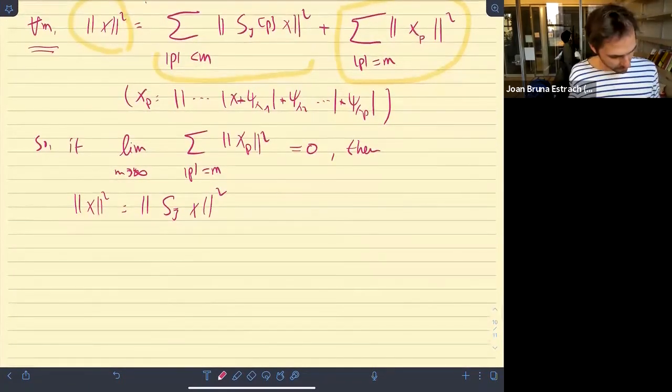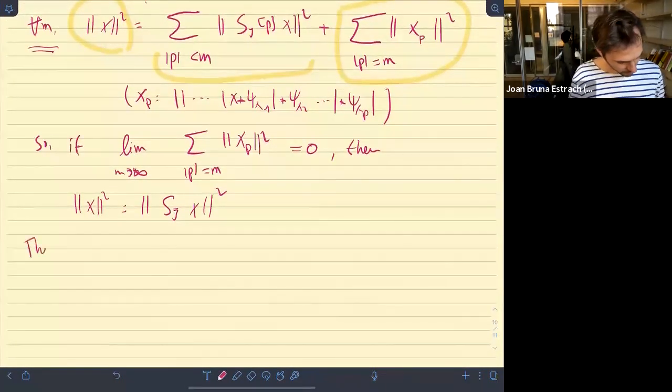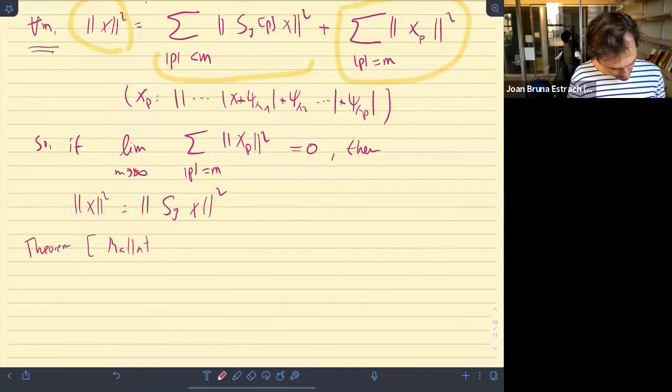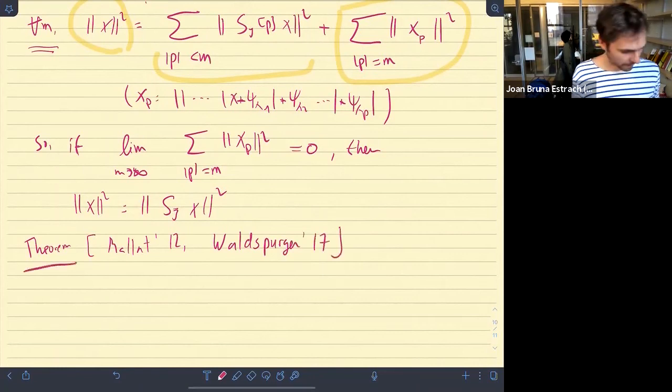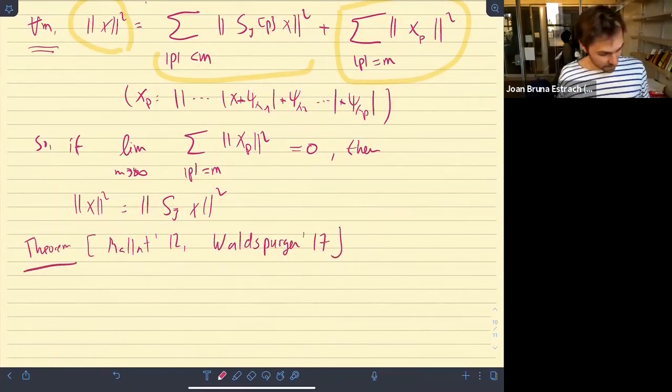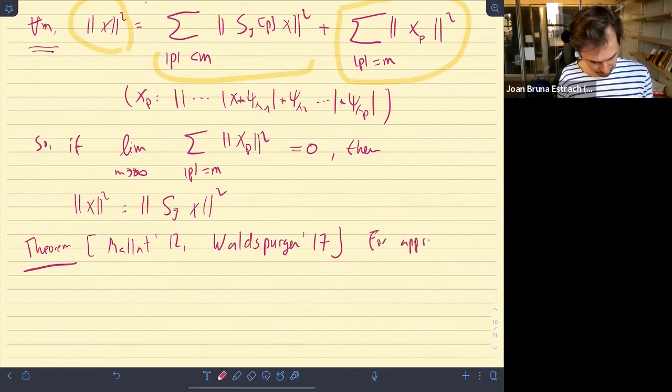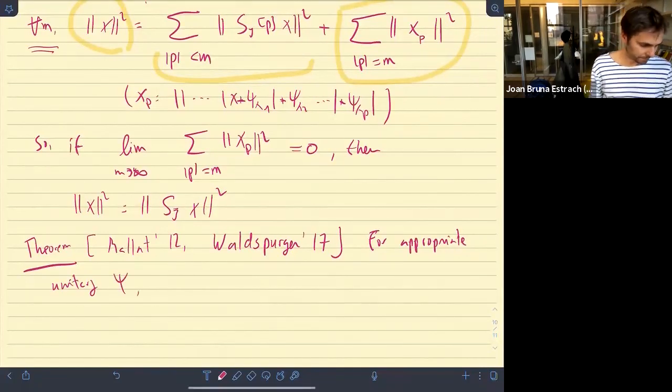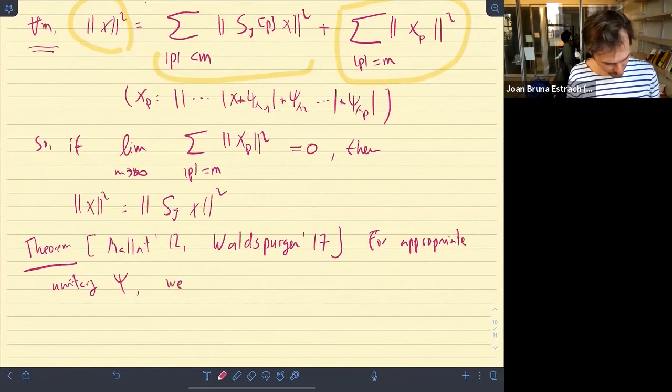And in fact, there's another theorem by Stefan, 2012, and also some refinements by Ivan later. That's the case: for an appropriate unitary wavelet, we have energy conservation.